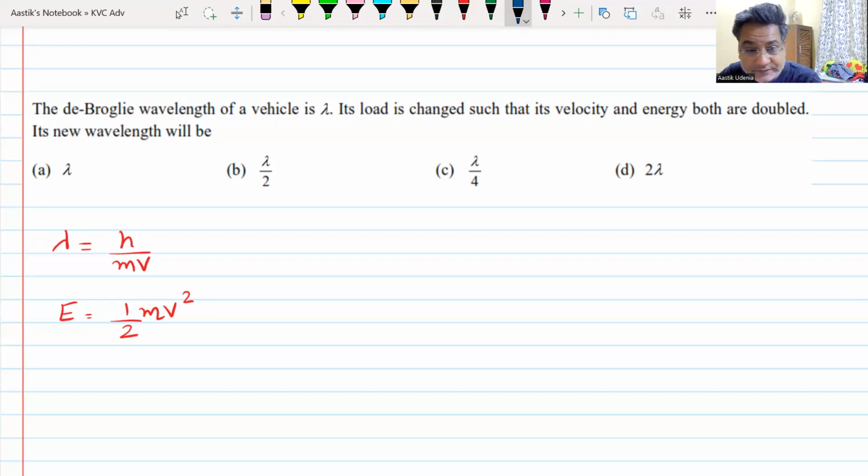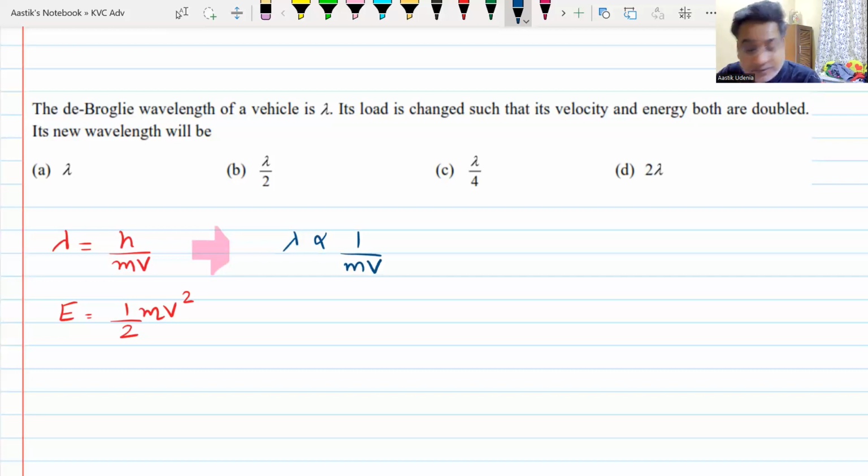So basically, M is directly proportional to E by V square. Yes, we have to look at how much the mass would have changed and how much the velocity would have changed. So from the first equation, I can write this lambda is inversely proportional to 1 by mv.